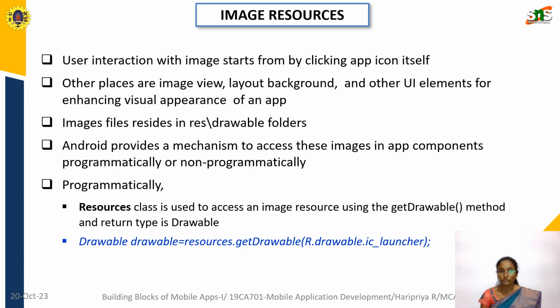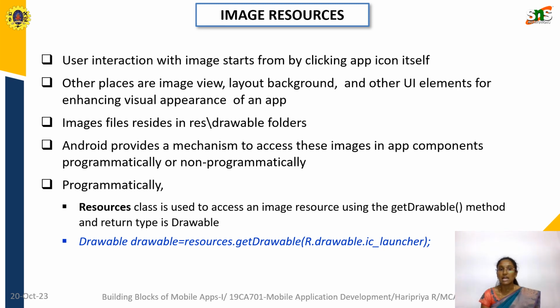Okay, this is the code for the drawable side. Drawable equal to resources.getDrawable(R.drawable.ic_launcher). It means in resources, it is a step by step process: resources, then the drawable folder, and then our images.